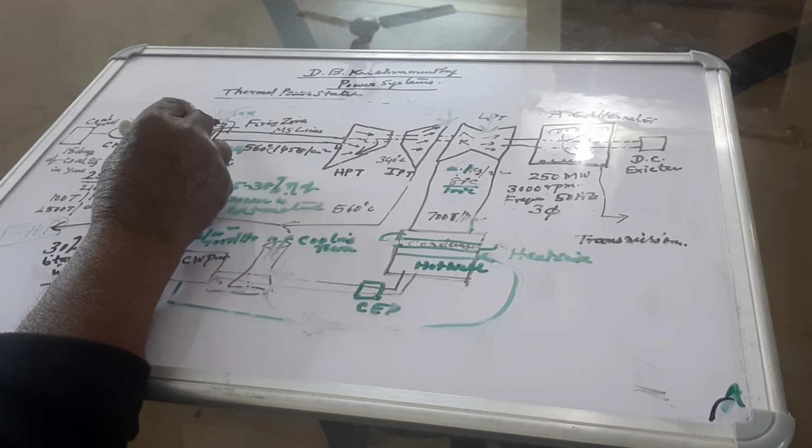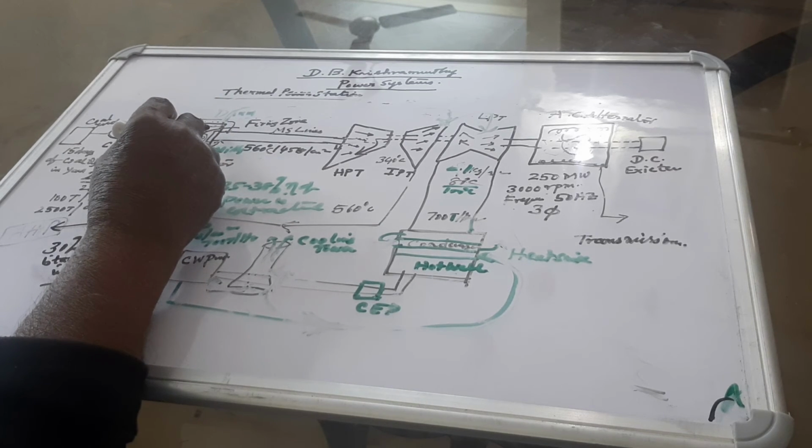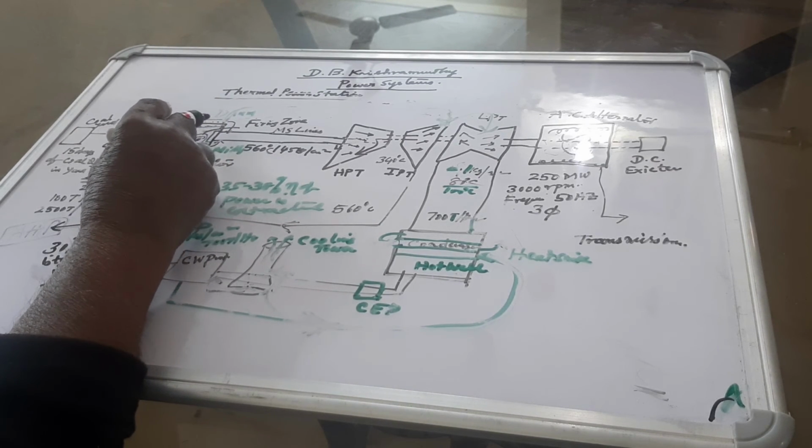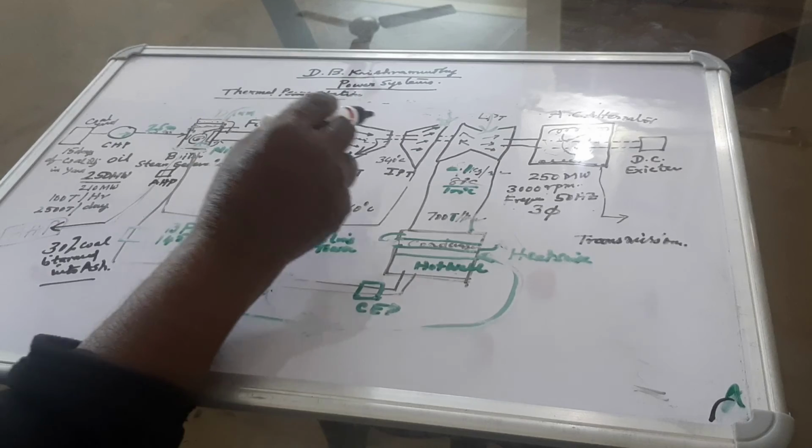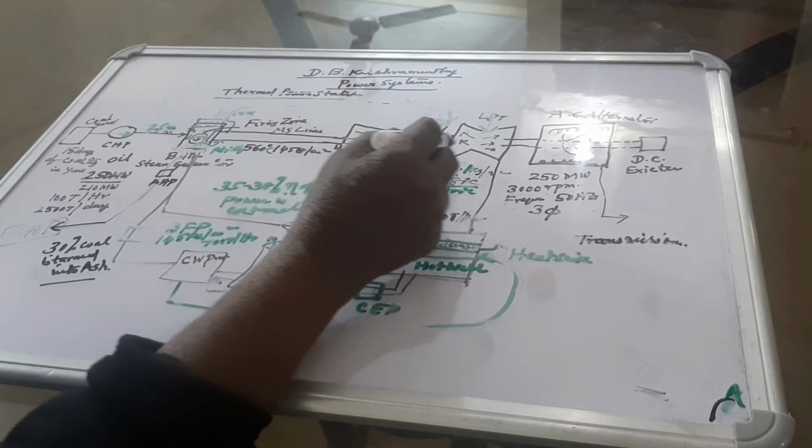This steam energy is further superheated by the heat produced in the boiler, and this will go to the drum, and from the drum 2 main steam lines, MS lines, will be going to the turbine.